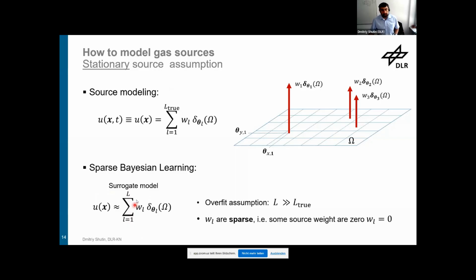You have probably heard of a surrogate model in a slightly different context, but what I mean here is that instead of having a model with a true number of sources, for example 3 as in this picture, I model my source term, the number of sources, as being really, really large. I'm saying I have millions of sources located somewhere in my domain. I do not know where they are, but I have a huge number of these sources. So this L is very, very large.